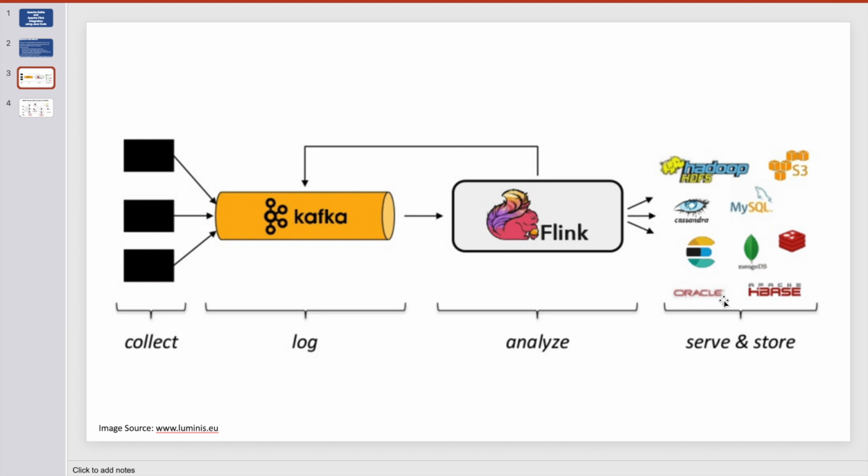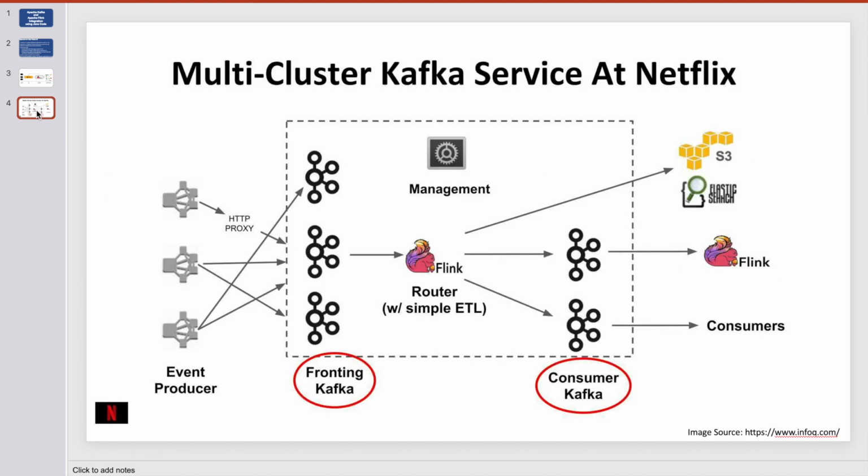But through Flink, you can send the data to many other applications and many kinds of databases and big data systems like Hadoop and Cassandra. These are very common design frameworks nowadays to handle a huge amount of streaming data. Even with multi-cluster Kafka services, many big companies like Netflix do this.